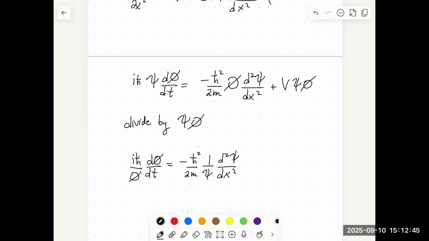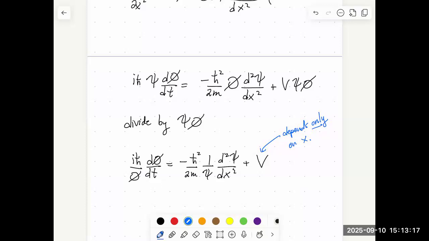And in the last potential term, both of these things cancel, so we just get plus V. And remember, our assumption is now that this potential is a constant in time. It depends only on position, depends only on x. And so everything we're doing now relies on that assumption.